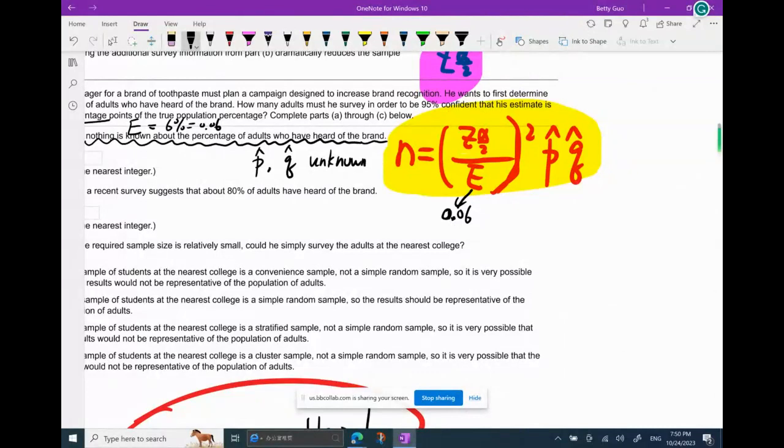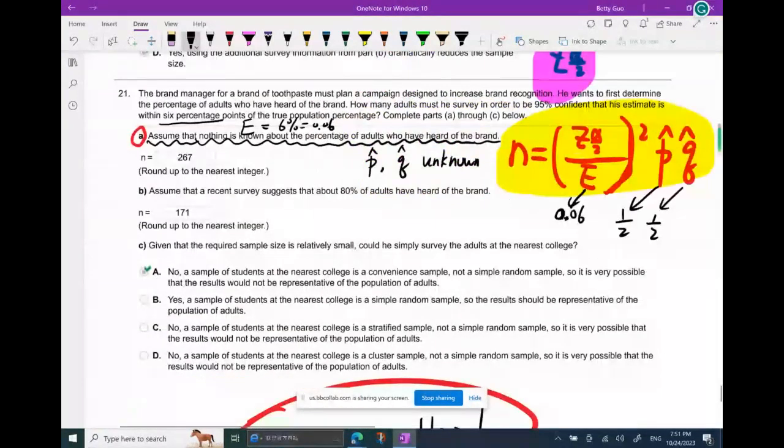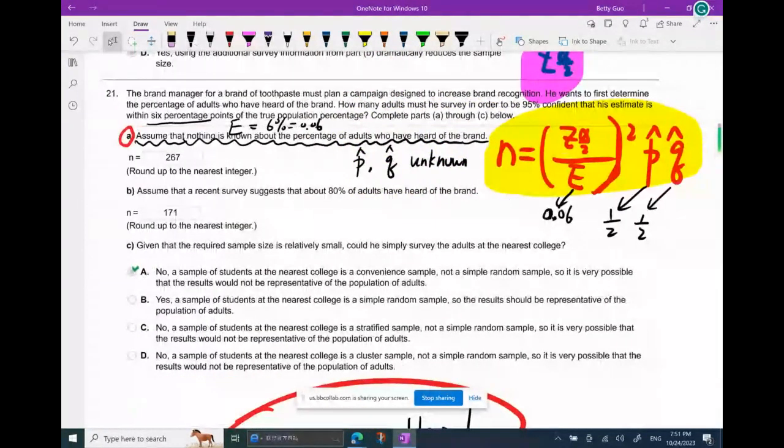In the case that p hat and q hat are unknown, Dustin already said that we want to use half as the value of p hat. Same with q hat, because p hat and q hat have to add up to 1. So in a case that p hat and q hat are unknown, we use 50%, 0.5 as a fraction, half, as the values of p hat and q hat.